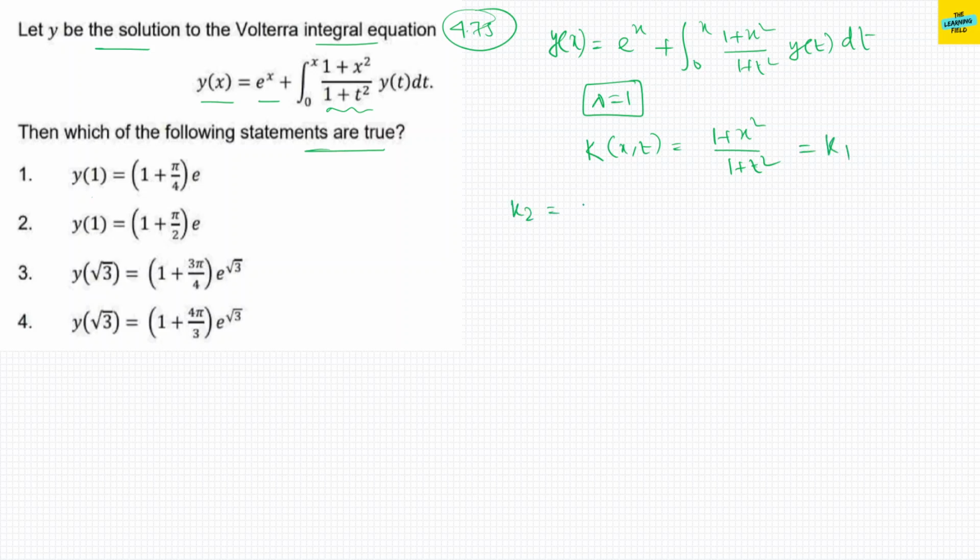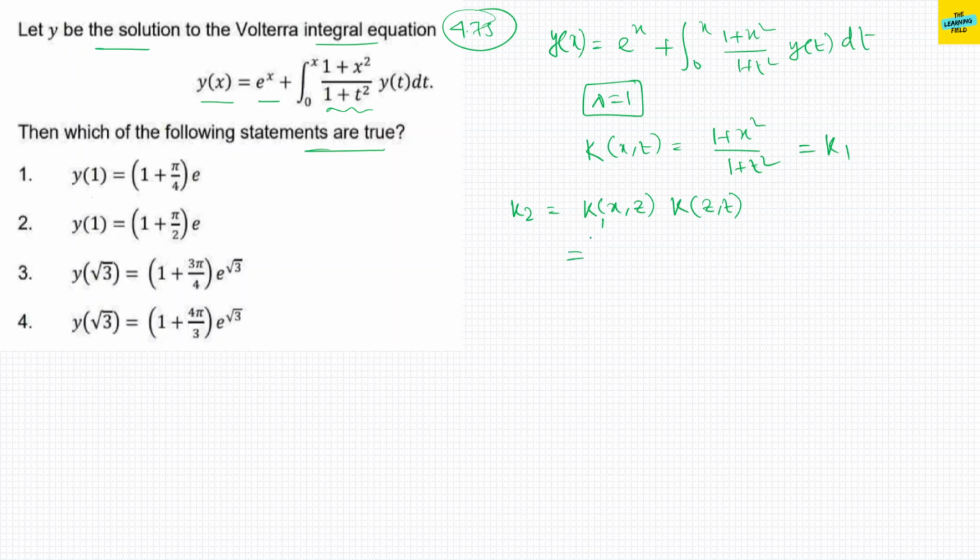K2 equal to integral of K(x,z) K1(z,t) dz, integration 0 to x. If we write just this one, then what happened?